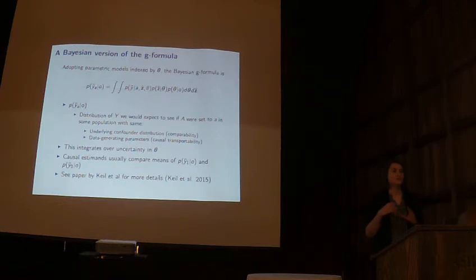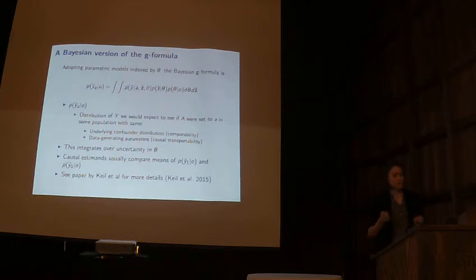We're trying to make inferences about a new person that we're trying to implement this intervention for. So you've got a new set of baseline confounders or covariates, Z, and you need to integrate over that, and you need to integrate over the uncertainty in the parameters. So that's what that P of Y tilde A given the observed data is. That's actually talking about the distribution for these potential outcomes.